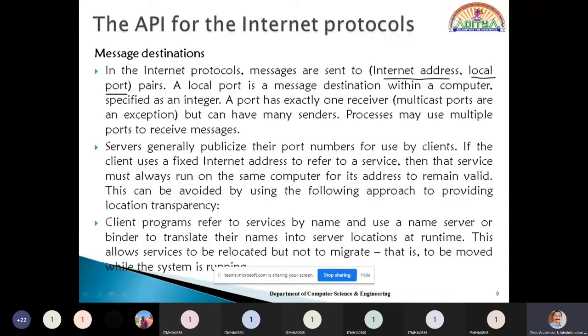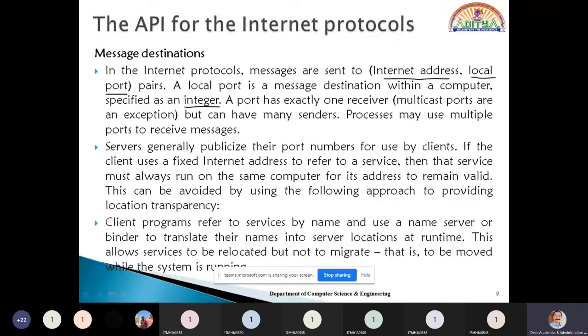As I told you, there are several ports. It can be a serial port, a parallel port, or whatever you have. A local port is nothing but the message destination within a computer, which is represented as an integer as a part of the Internet Protocol.